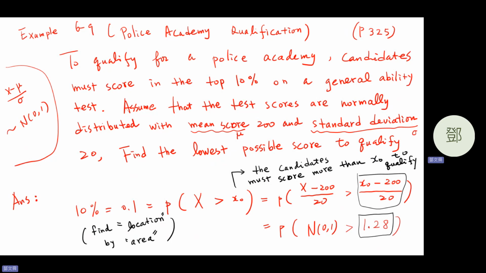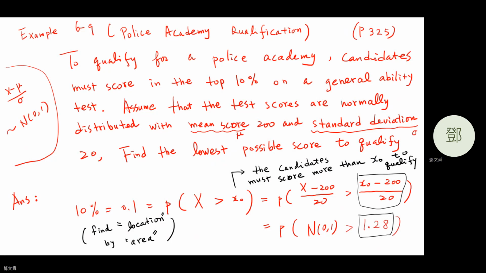So how to standardize a normal distribution? It's always minus the value of the mean, and then divided by the value of sigma, not sigma square. And so is the term on the right.